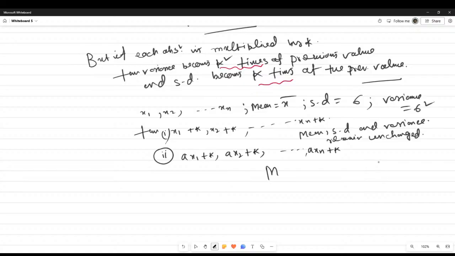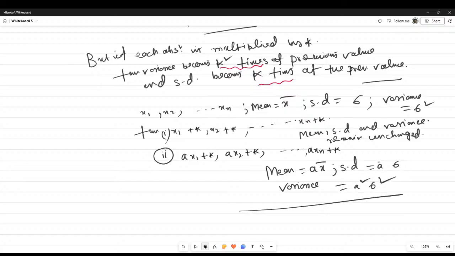So the mean will be a x bar. The SD will be a into sigma. The variance will be a square sigma square, a square times the previous square. Got it? Hope you have understood.